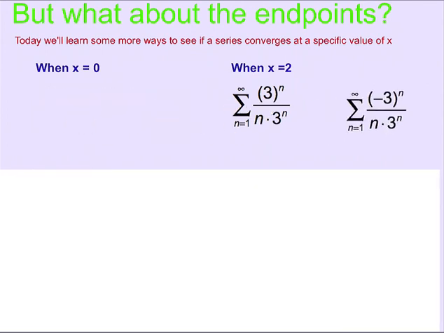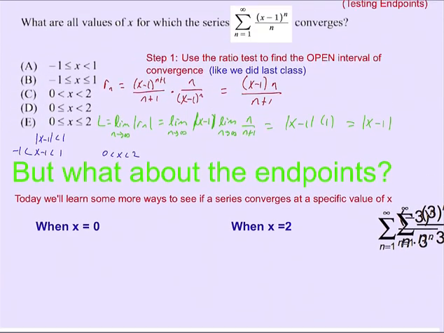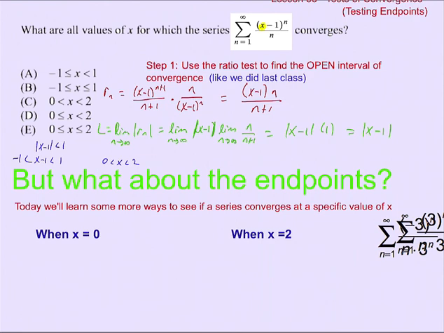When x equals 0, looking up here, then my sum is the sum of 0 minus 1 to the n over n, which is an alternating series. So that would be negative 1 over 1 plus 1 over 2 minus 1 over 3 plus 1 over 4, etc. We're going to find out if that series converges.